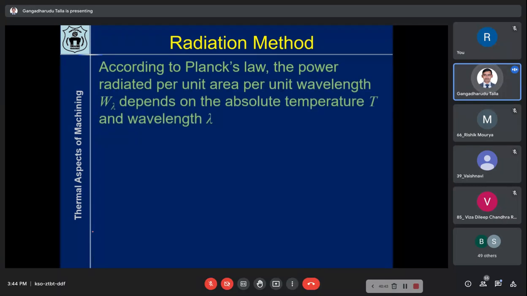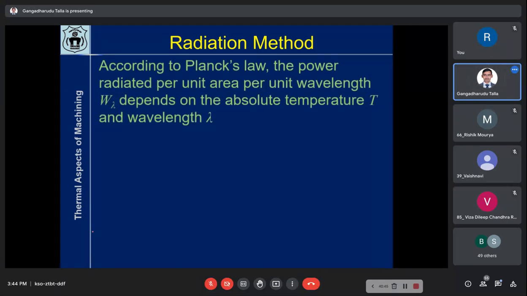Now the next one is the radiation method. So this is according to Planck's law. So power radiated per unit area per unit wavelength, W lambda, depends on the absolute temperature T and wavelength lambda. This is Planck's principle only.